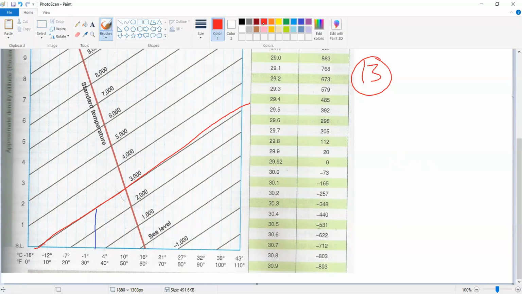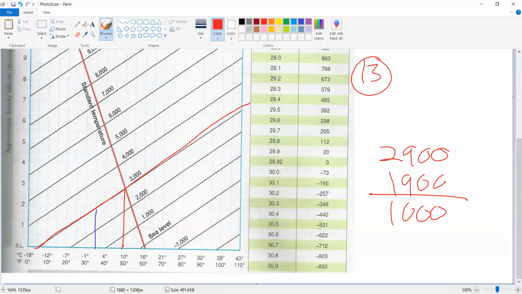Next one is 50, which is about here. 50 seems to be about 2,900. And 30 seems to be about, I would say, close to 2,000, maybe 1,900. So when we subtract that, we get 1,000. And then looking at the answer, that's 13A, 1,000.